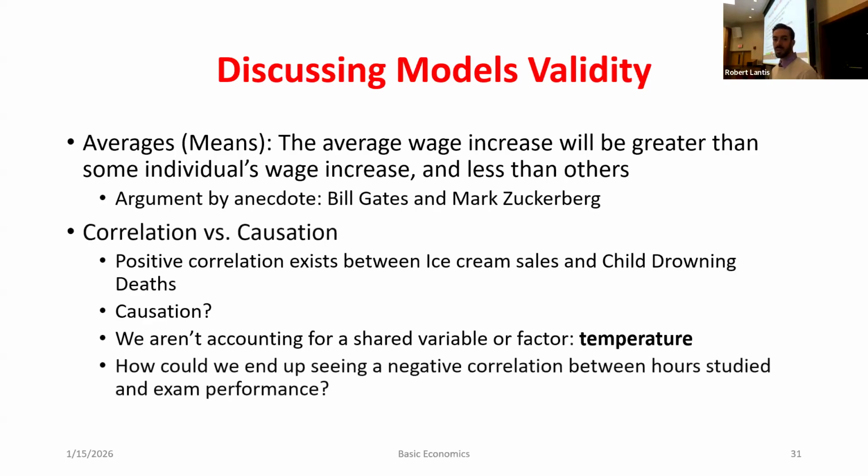Ultimately, what this gets at is that we're going to be making statements throughout the semester that there is a correlation when we're looking at the data. We'll talk about the causal relationships in theory, but we won't focus on the difference between correlation and causation in terms of data. The data that we look at, we're just picking up correlations.